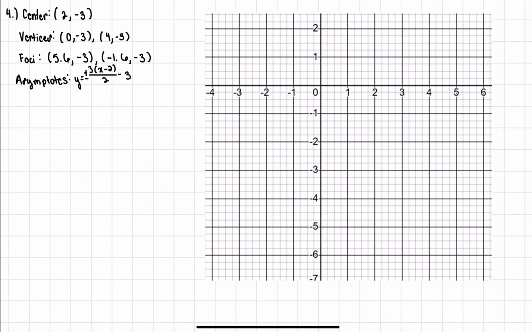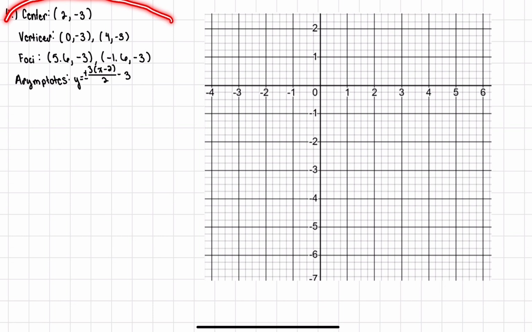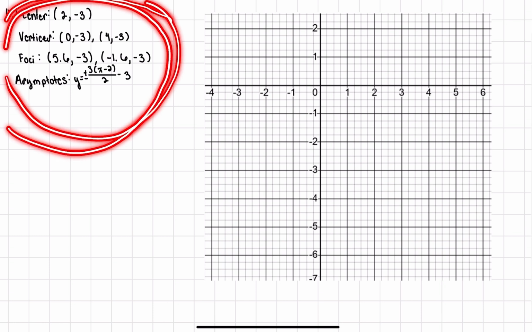Okay, so our last question on our QR code review asks us to use our answers from question 3 to graph the equation of the hyperbola. So I went ahead and noted down all our answers from the previous question over here.